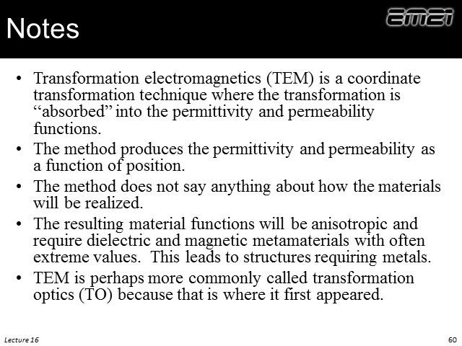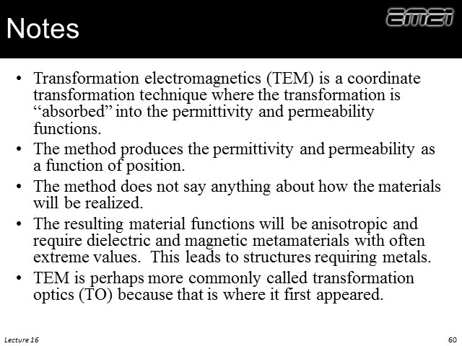Maxwell's equations are form invariant, meaning we can take that coordinate transform out of the coordinates and pull it into the permeability and permittivity. And what comes out is this map of permeability and permittivity, such that if we're back in that original coordinate system again, it would bend the fields in the same way. So the output of transformation electromagnetics is this map of permittivity and permeability.